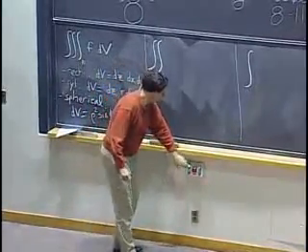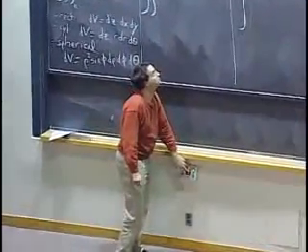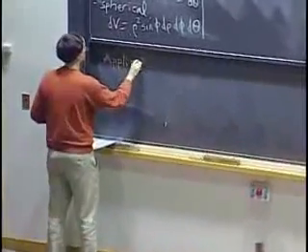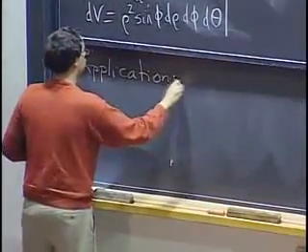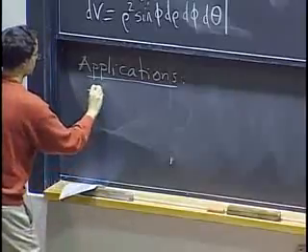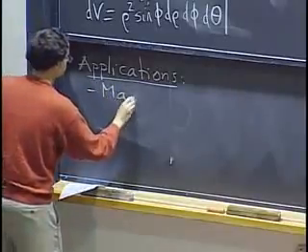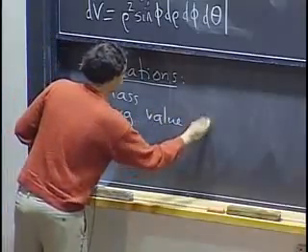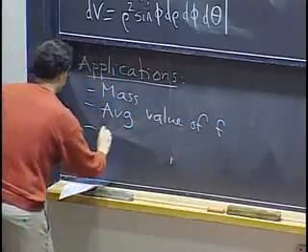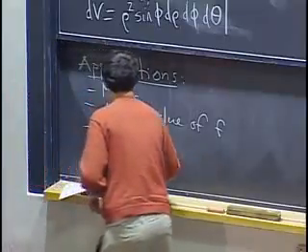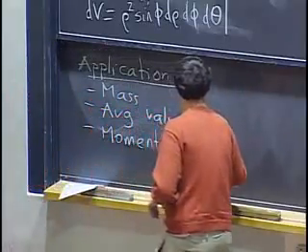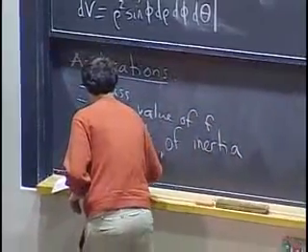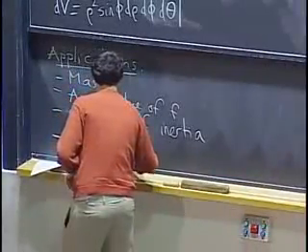I should say, I'm going to do something bad, but we've seen, of course, applications of this. So we should know how to use a triple integral to evaluate things like the mass of a solid, the average value of a function, the moment of inertia about one of the coordinate axes, or the gravitational attraction on a mass at the origin.